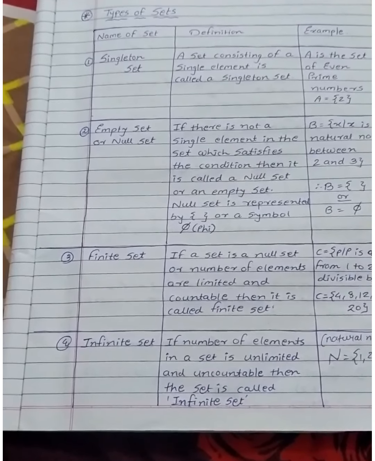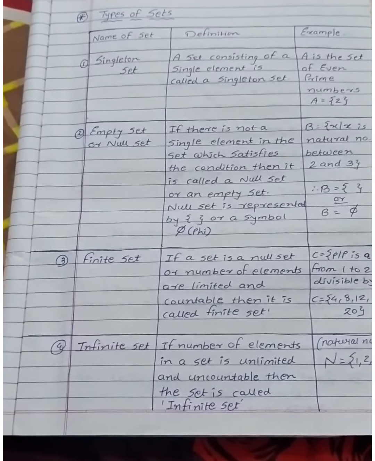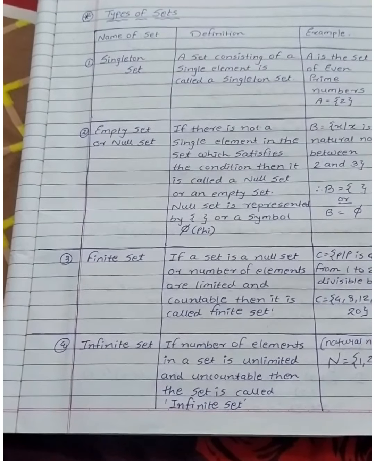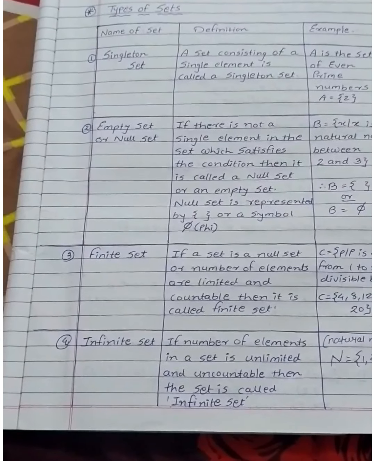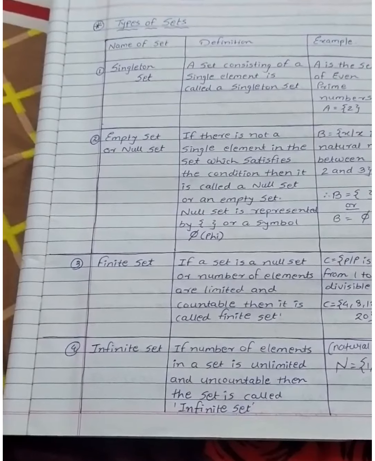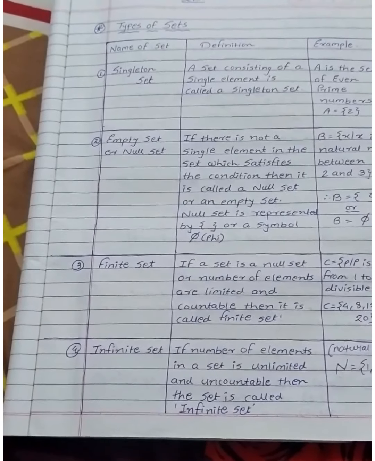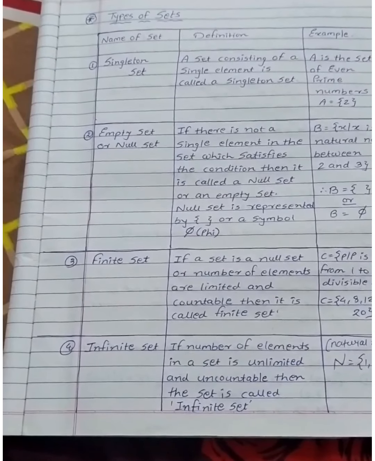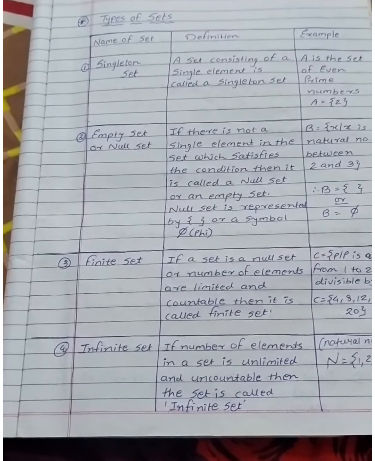See the example. A is the set of even prime numbers. Now you all know that prime numbers are the numbers that come only in their own table and one's table. Even numbers are 2, 4, 6, 8.